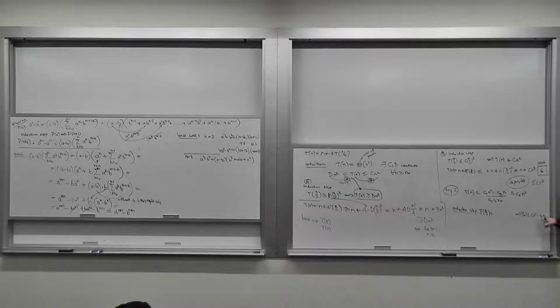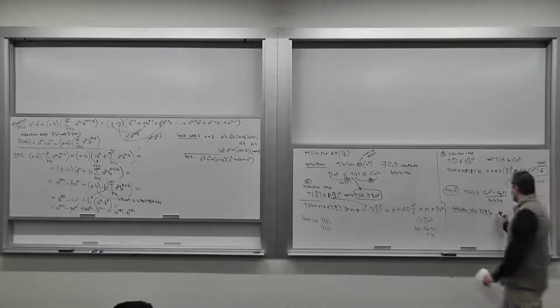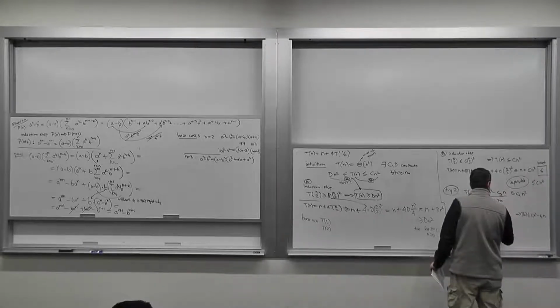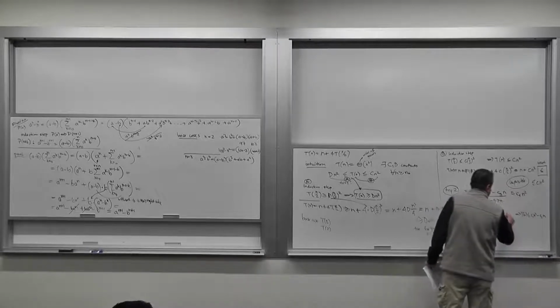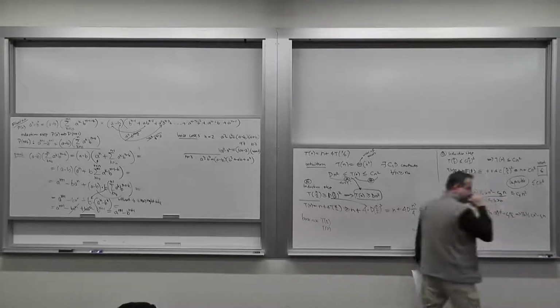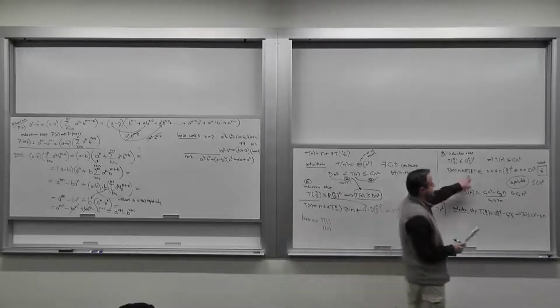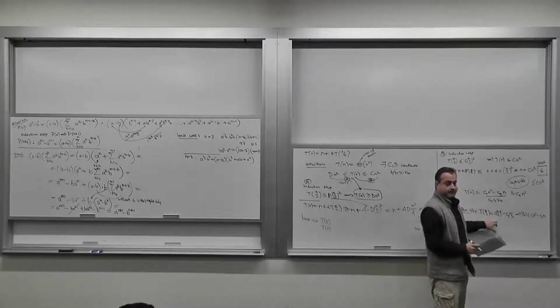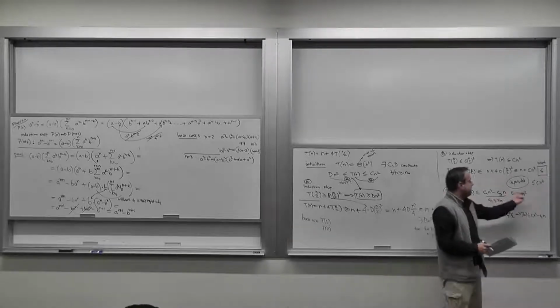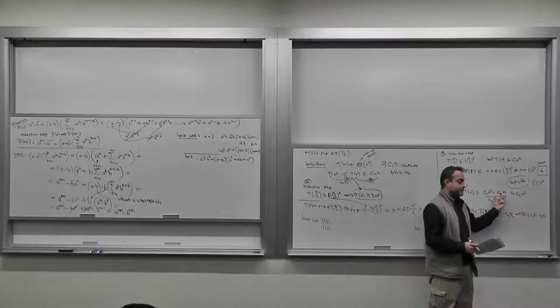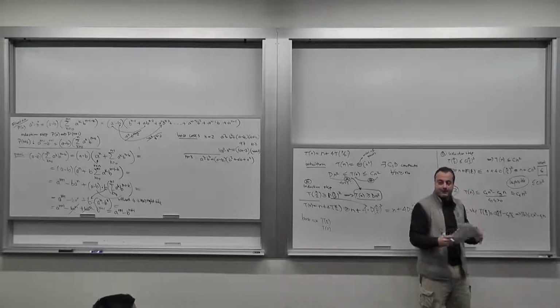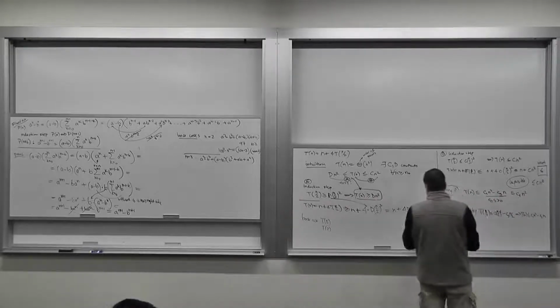Not for n, but for n by 2. That's what I want to prove. So this didn't work, but this will. And if we prove this, then we've got our proof, because what we proved is actually stronger than what we needed. So let's see how that goes.